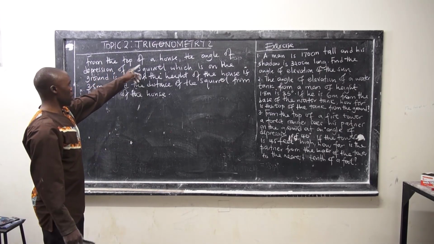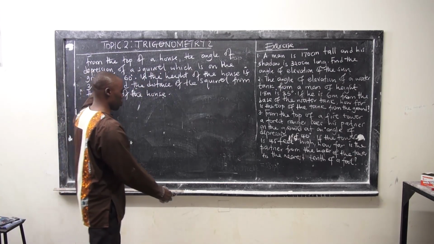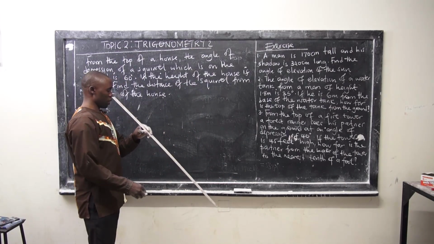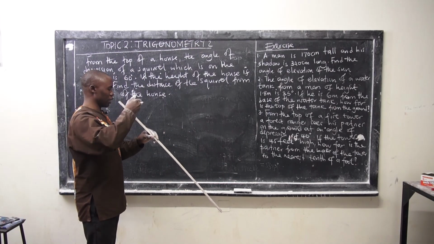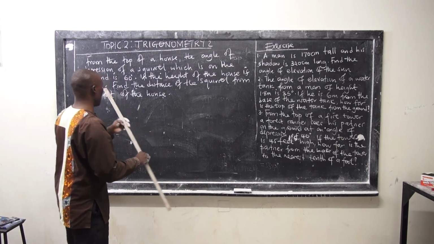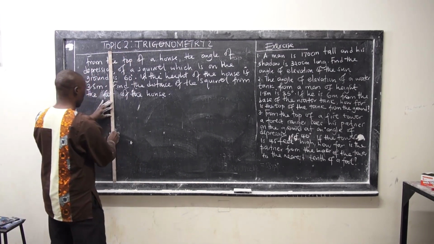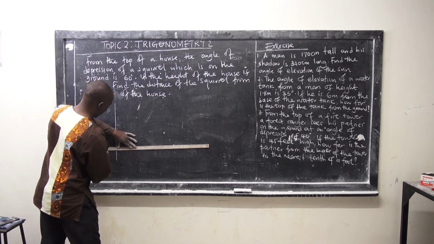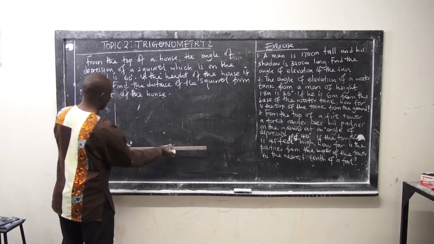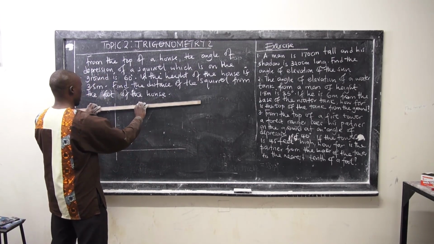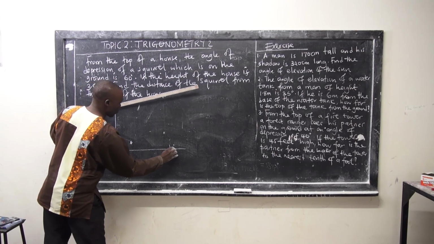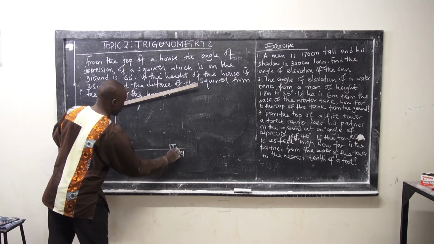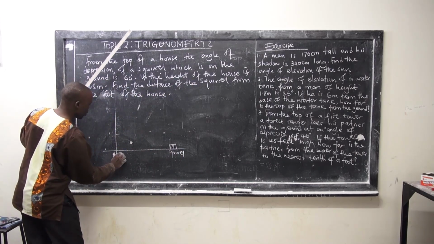From the top of the house, the angle of depression, so we are looking from up. So if you look from up, then the angle we look at is this, not this inside one. So let's sketch that right away. So by observation, this is our squirrel, it's the squirrel. Then this is the house.